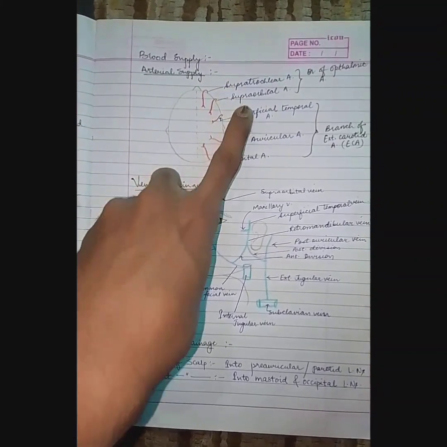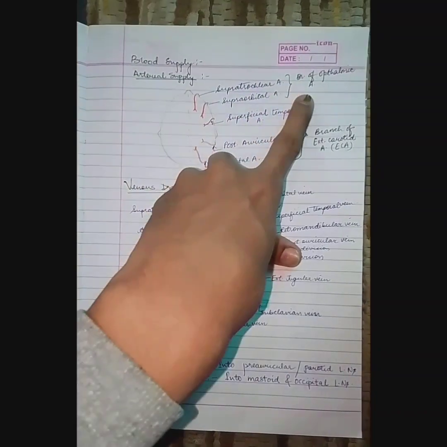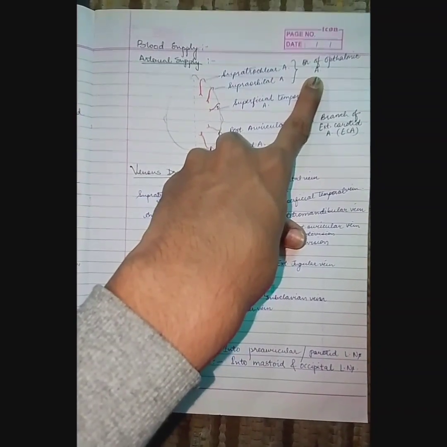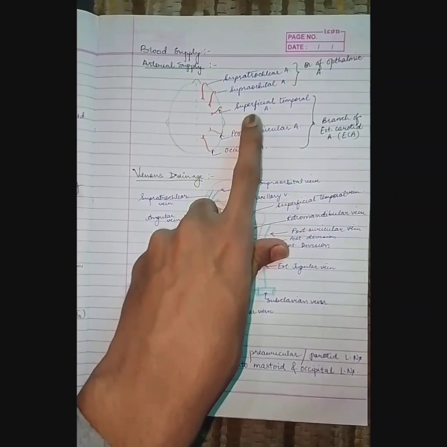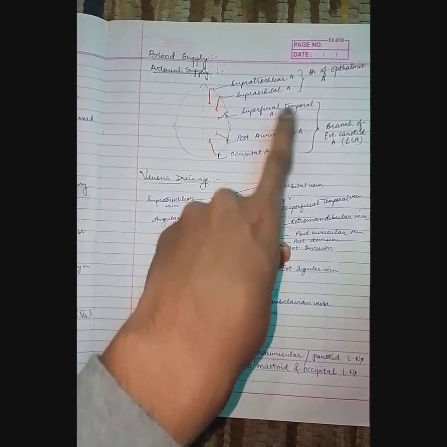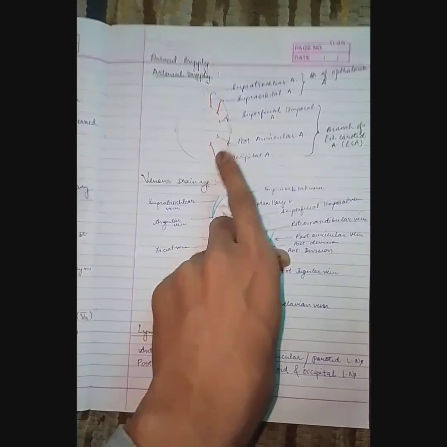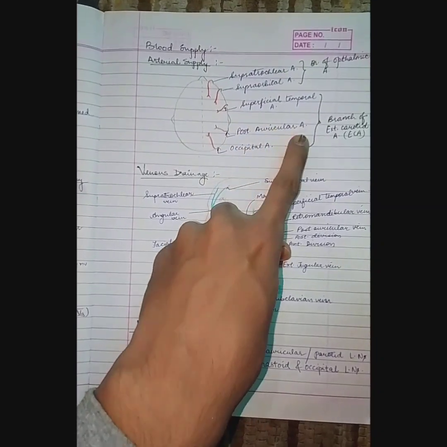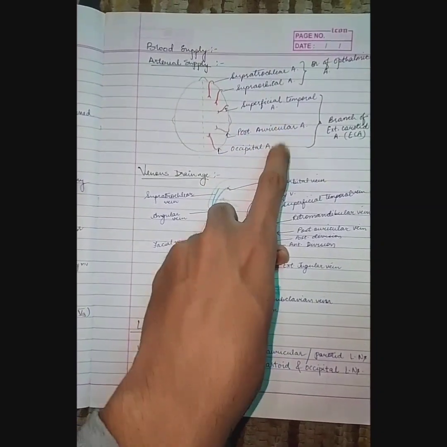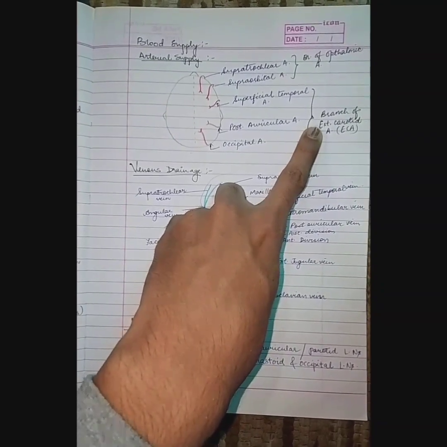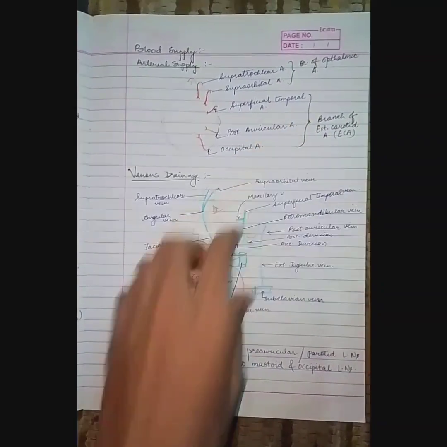The supratrochlear and supraorbital arteries are branches of the ophthalmic artery और ophthalmic artery जो है वो internal carotid artery की branch है. The superficial temporal artery is a branch of the external carotid artery, and behind the auricle there are 2 arteries, posterior auricular artery and occipital artery, which are also branches of the external carotid artery. जब हम external carotid पढ़ेंगे, we will discuss all these arteries there.